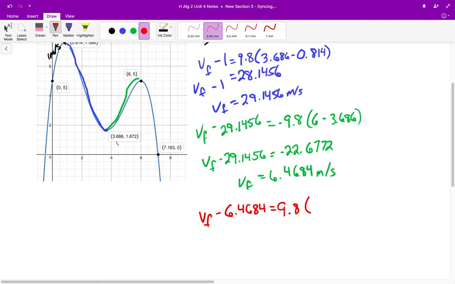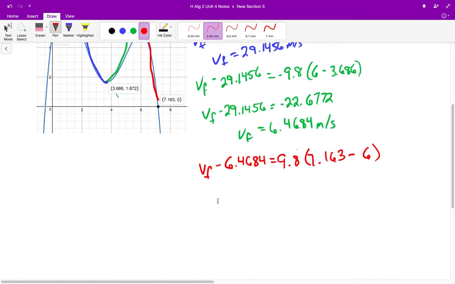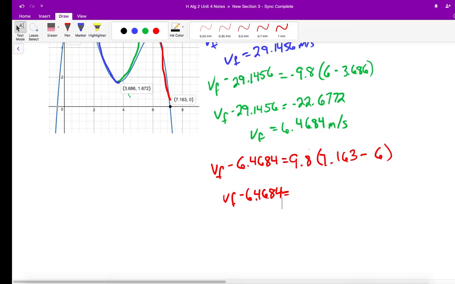The interval we're looking at goes from 6 seconds down to 7.163, so 7.163 minus 6 seconds. Let's focus on the right side of the equation. I've got v sub f minus 6.4684 still on the left side.